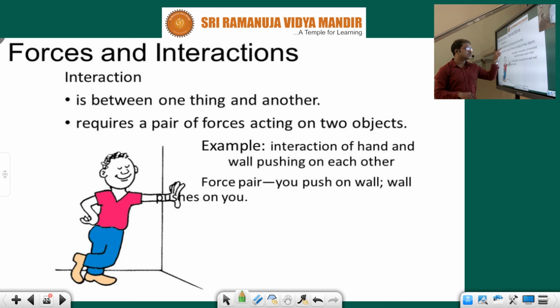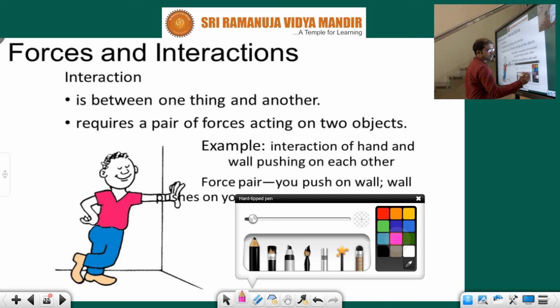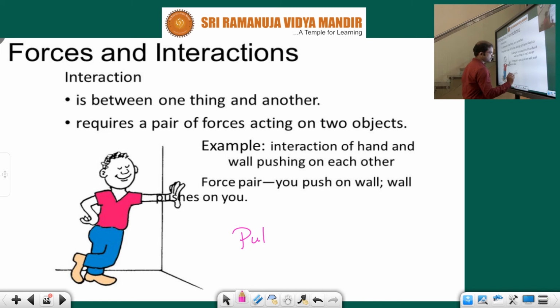I need to get into physical contact with this boat and then I can move it. Suppose you want to open your door, you need to get into physical contact with the door, then only you can open it. Suppose you want to push your friend, you need to get into physical contact with that boy and apply force. Whether you are pulling or pushing, force is nothing but pull or push.